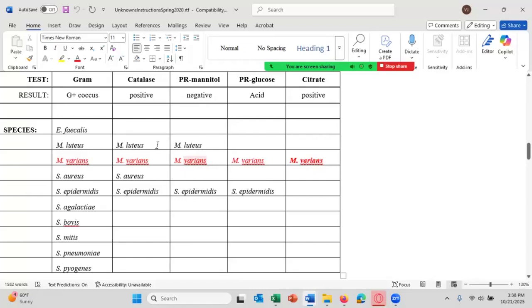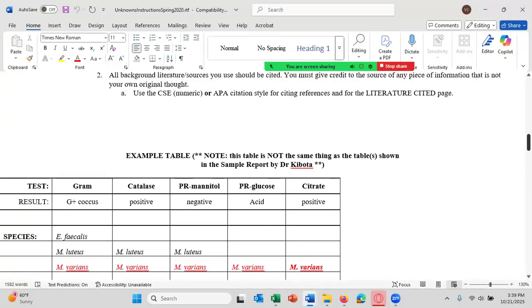Do you see? That's how we use dichotomous logic. And then you just work until you get 1. And that's Micrococcus varians. We crossed out Staphylococcus epidermidis because it's citrate negative. And our result was citrate positive. And that's using dichotomous logic. Everyone see that?